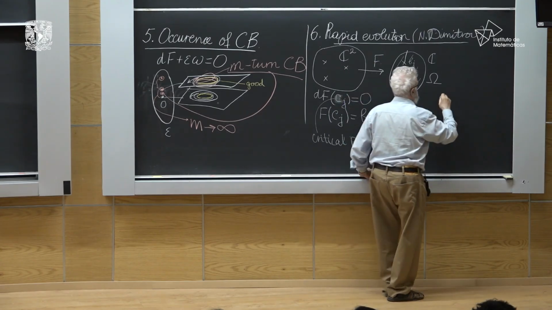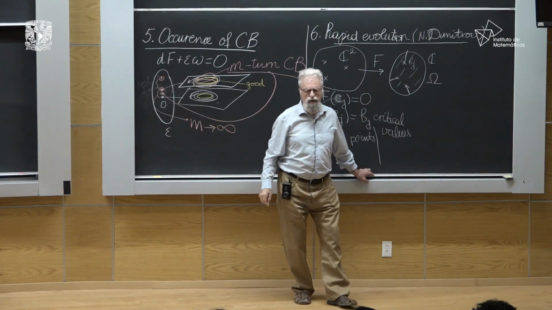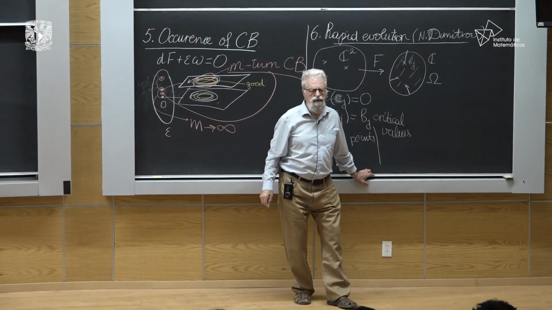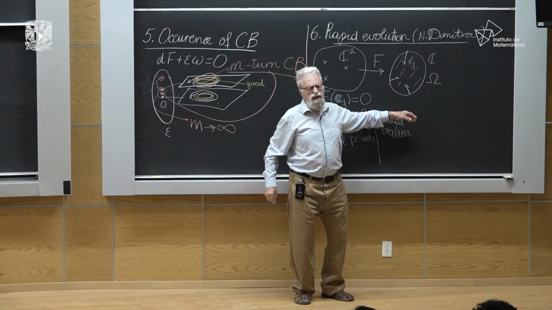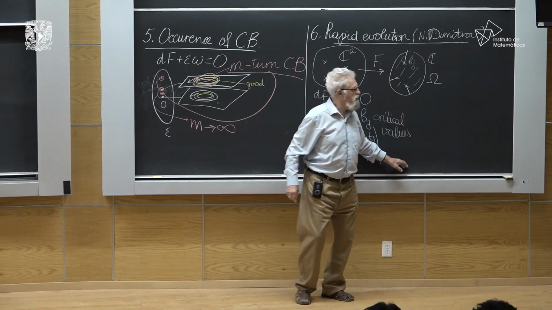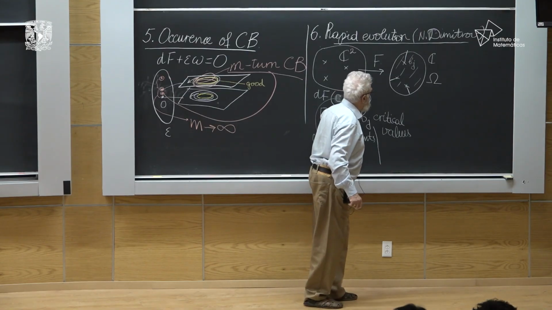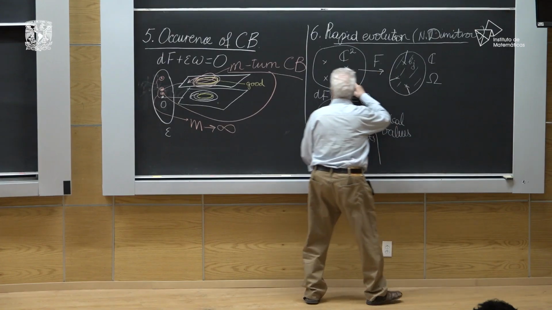Omega is the set of non-critical values cut along the rays going from critical values to infinity. They may be chosen in different ways. And let us take the inverse image of omega here.